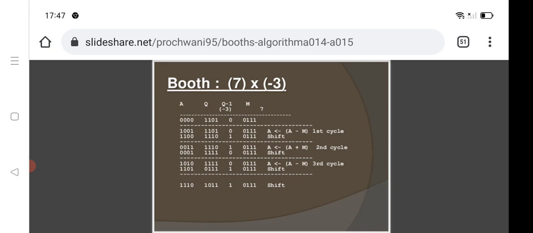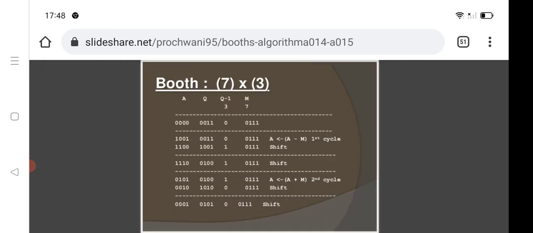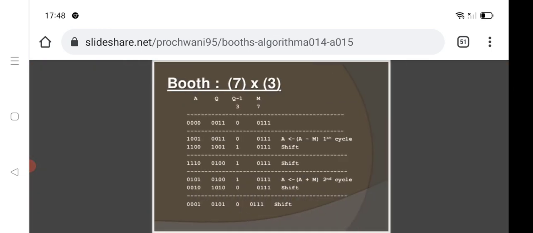Once the arithmetic shift right operation is done, I am going to decrement my count value to 0. Once my count value is equal to 0, you will be checking whether the count is equal to 0 or not.